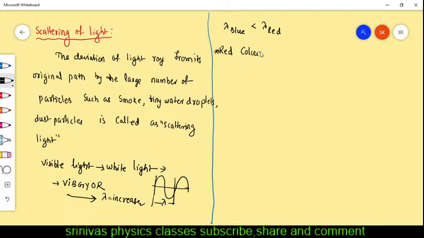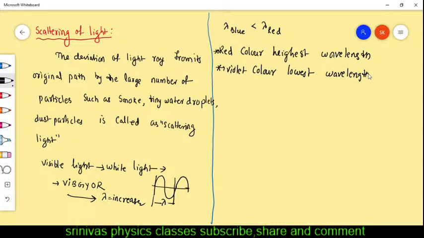Lowest wavelength is for what? Violet color. Violet color has the lowest wavelength in all the colors. Right, this is about scattering of light.